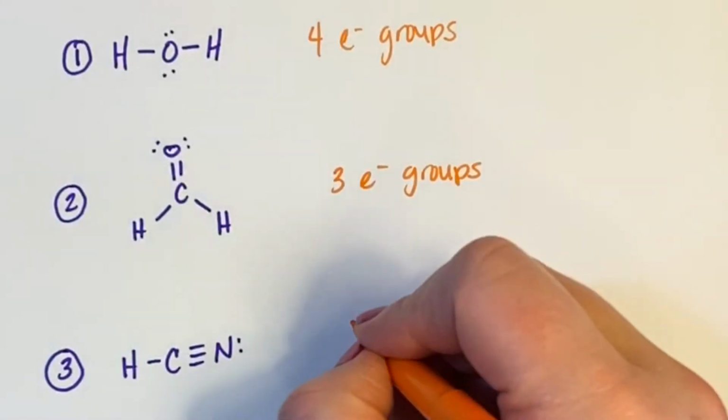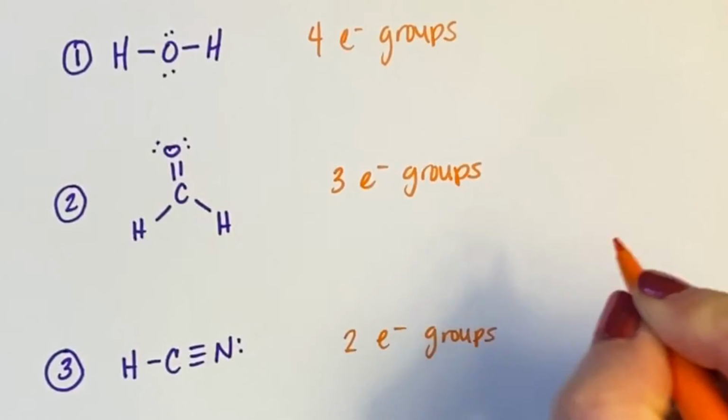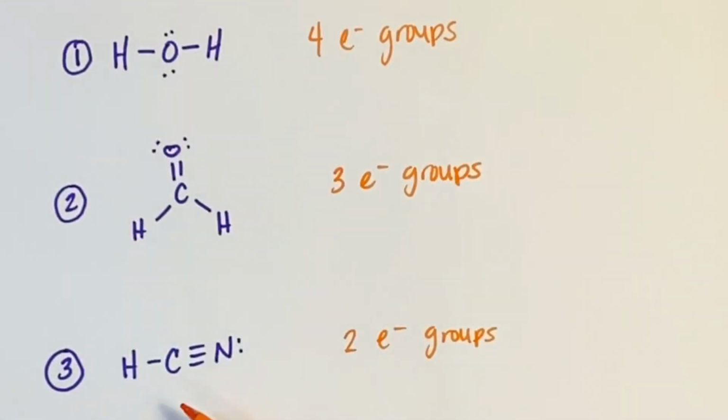In the case of HCN, I have 2 electron groups. The carbon sees a single bond to the hydrogen and a triple bond to the nitrogen. Each of those represents a place where the carbon must see electron density for a total of 2 electron groups. Remember that it doesn't matter whether the carbon is sharing 2 electrons or 6 electrons with its neighboring atom.